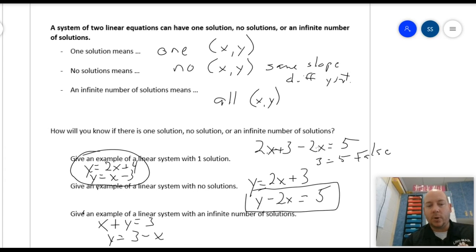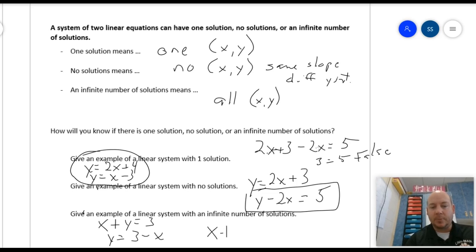Okay. So when you're solving your linear system, if you end up with a false statement like that, that means it's going to be no solution. Okay, and we saw that when we solved equations. So false statements, no solution, right? If I did the bottom one, if I solve that, so I know y equals 3 minus x.